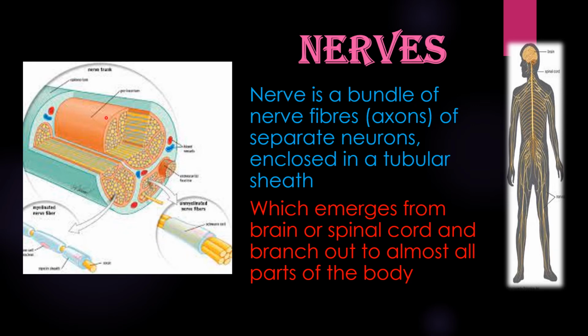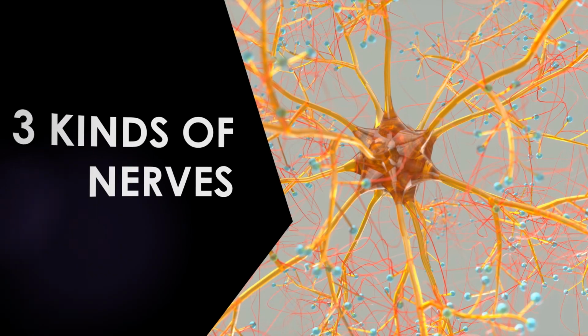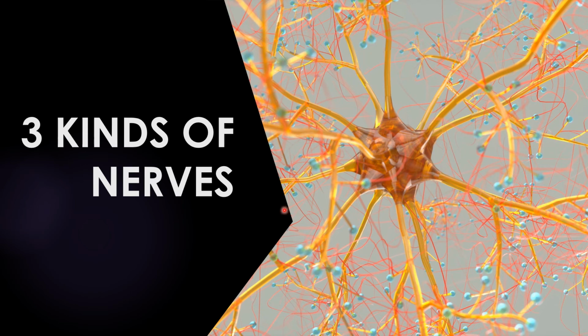Then all these nerve fibers enclosed in a tubular sheath, that we call nerves, which emerge from the brain or spinal cord and branch out to almost all parts of the body. There are mainly three kinds of nerves we can see in the nervous system.